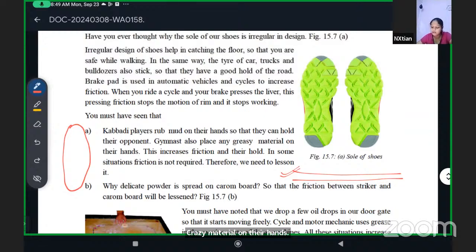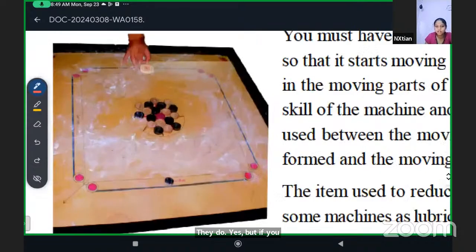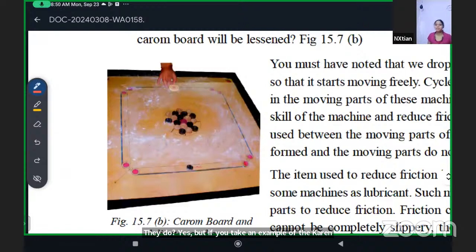They do, yes. But if you take an example of the carom board, we put powder on the carom board so that when we are striking the striker, it slides smoothly on the board.